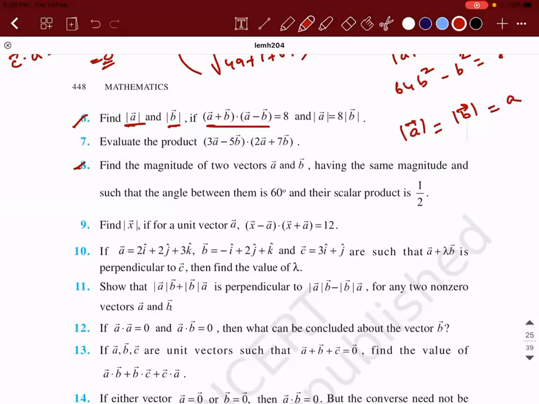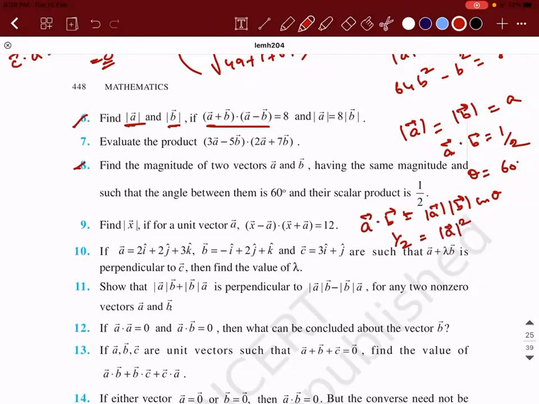A dot B is half, and theta is equal to 60 degrees. So A vector dot B vector is equal to magnitude of A vector into magnitude of B vector into cos theta. That is what we need to find. So magnitude of A square into cos 60, which is again half, cancel it. So magnitude of the vector is 1. That is the answer.